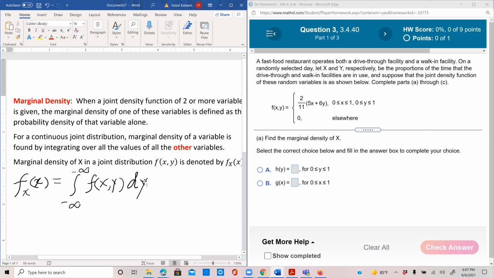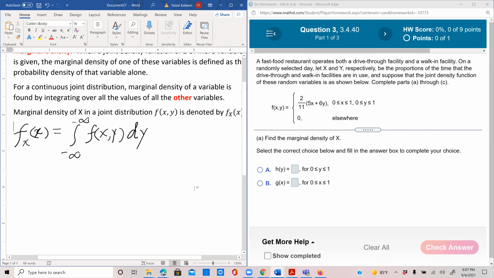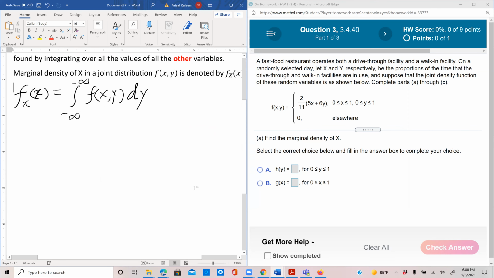That's why this dy is very important: it tells us that for integration purposes, y is the only variable and x is just a constant.